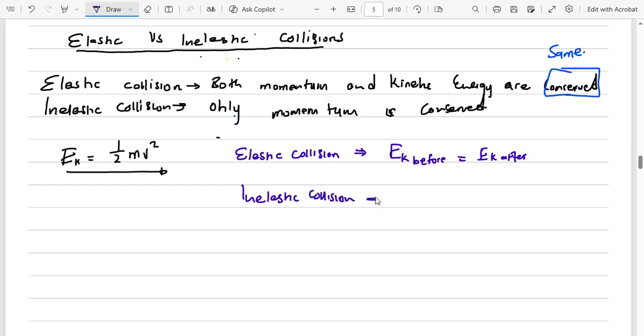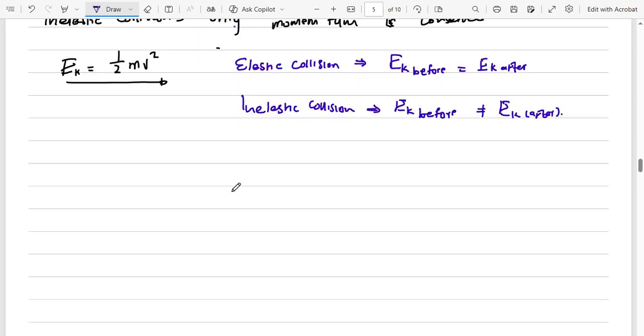Meaning that EK before is not equal to EK after. So some energy is lost as sound or heat. So we're just gonna do a quick example.